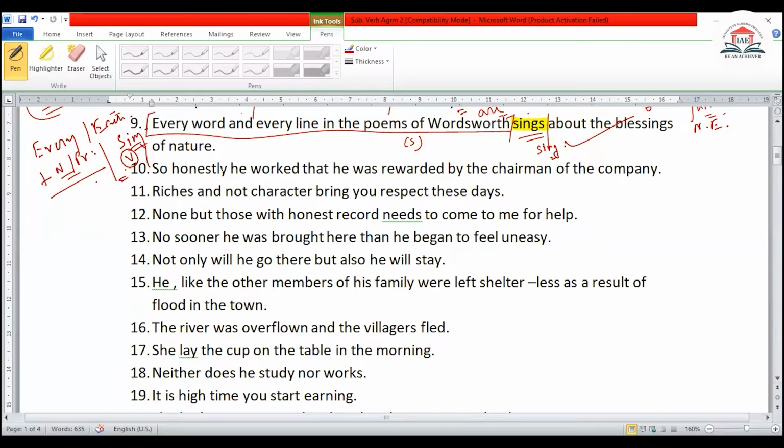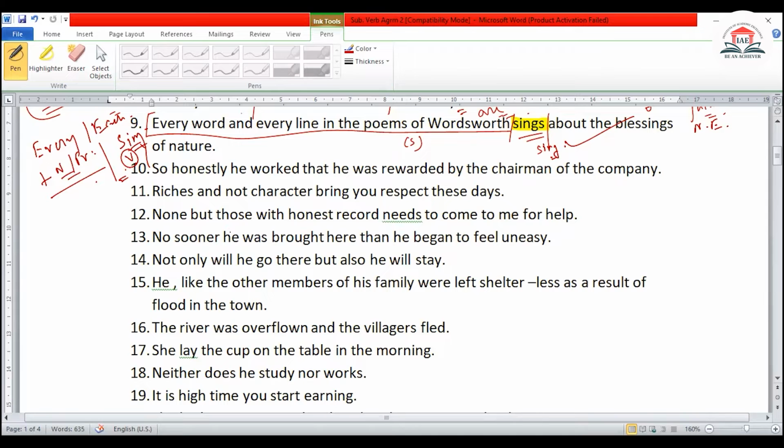Number 10. So honestly, he worked that he was rewarded by the chairman of the company. There is an error here. It is a problem of syntax, arrangement of the sentence.